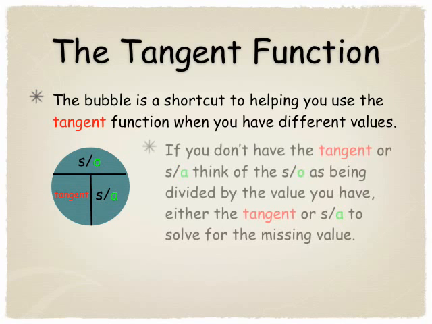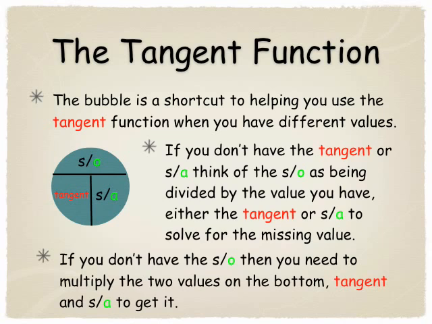Similarly, we can find the side adjacent if we have the side opposite and the tangent by dividing the side opposite by the tangent. And when we don't have the side opposite, multiplying the two on the bottom, the tangent and the side adjacent, we get that answer.